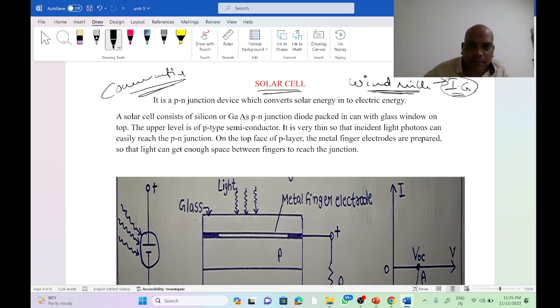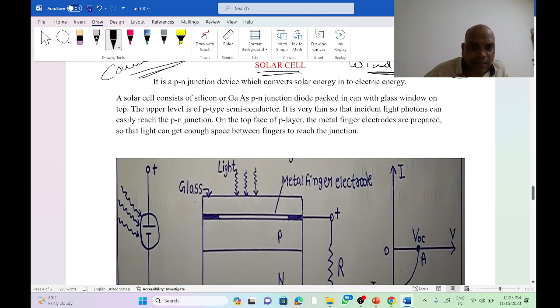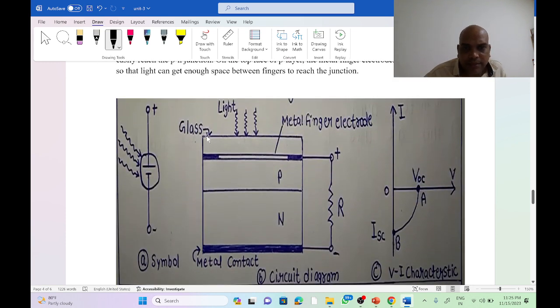So the solar cell is nothing but, see, this is glass, this one is the metal finger electrode, this one is the P junction, this one is the N junction.